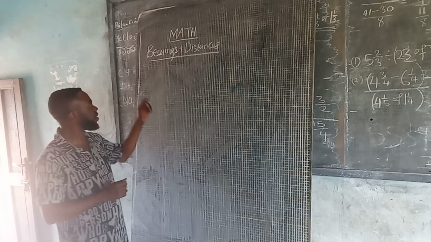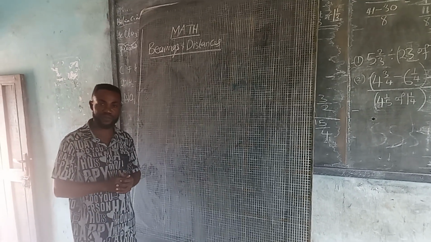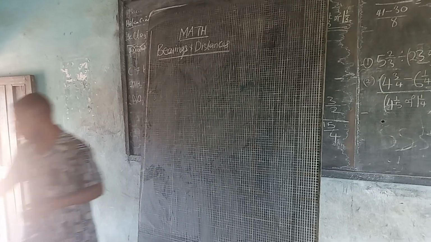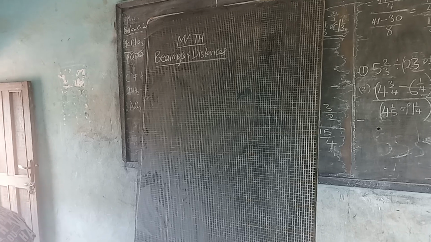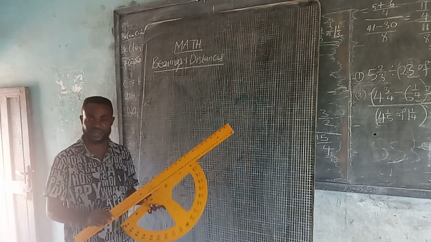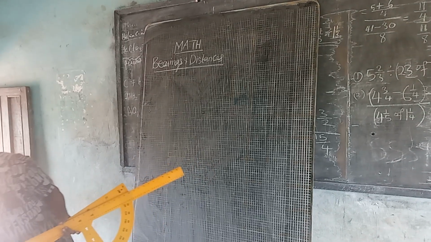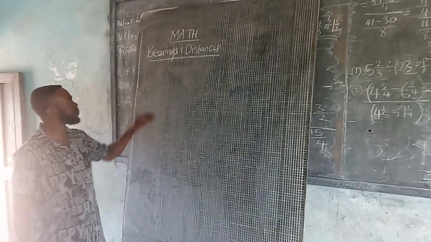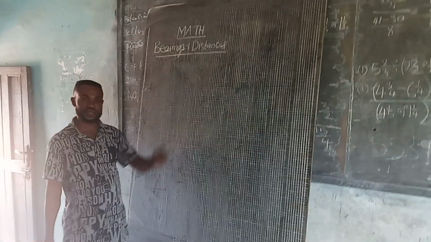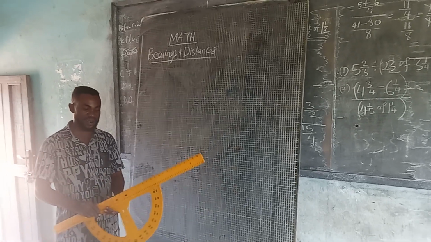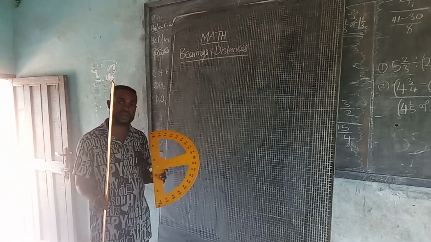It is a very practical branch of mathematics that requires mathematical tools like the protractor, the ruler, pair of compass, and others. As you join with me in this topic, go get your mathematical set, get out the protractor and your ruler, and you're good to go.